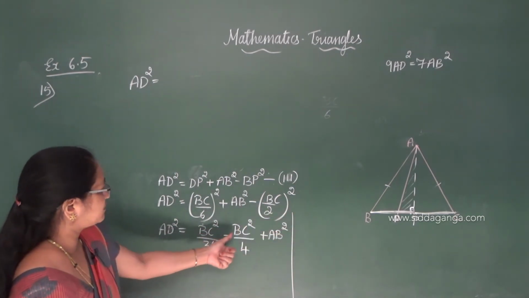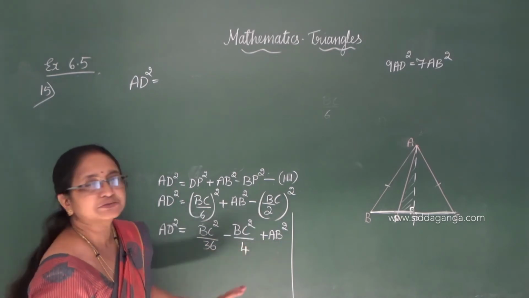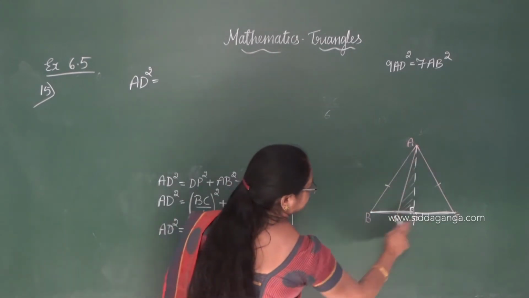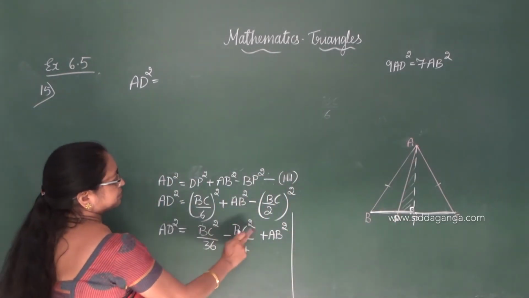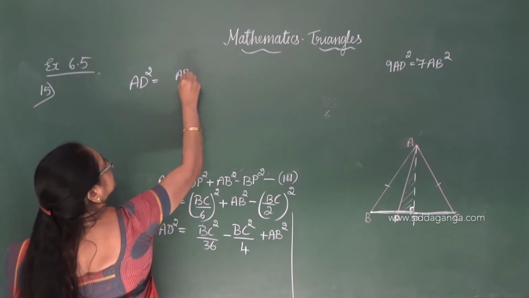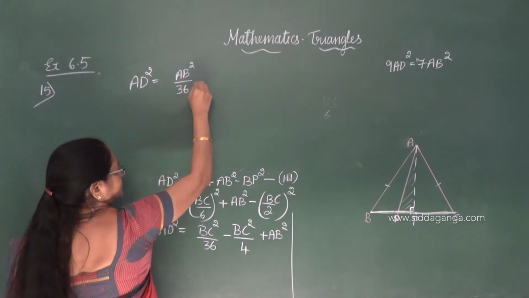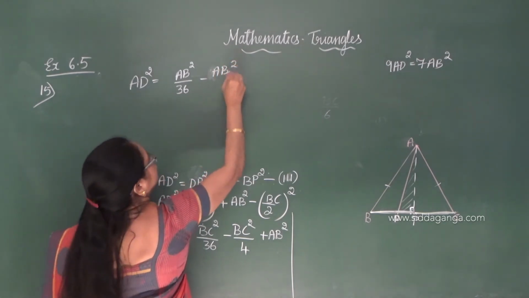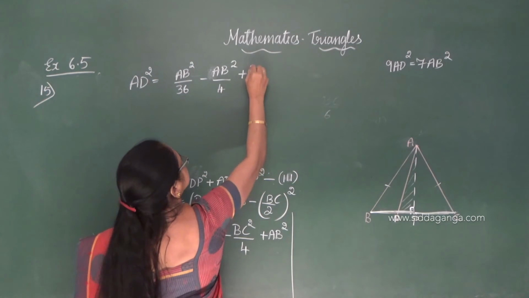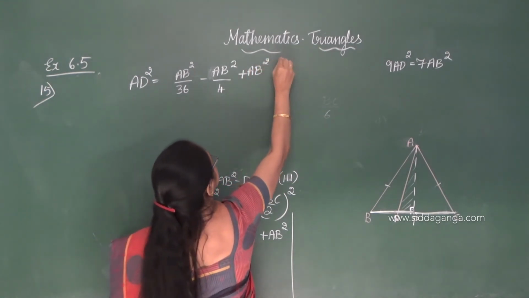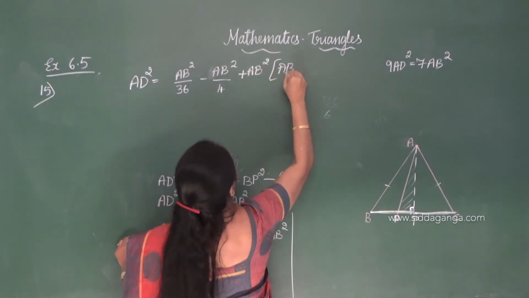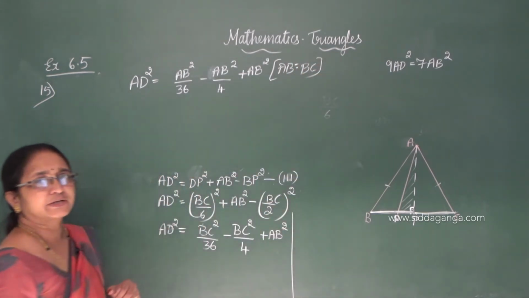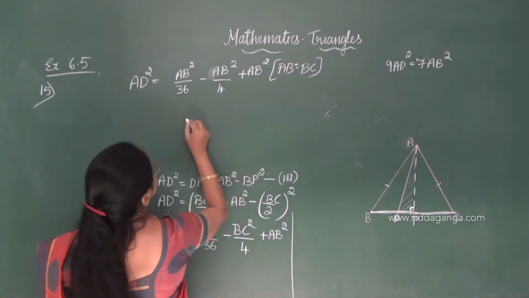See here, BC square minus BC square by 4 plus AB square. Okay. Now, BC square, I told you it is an equilateral triangle. So, instead of BC, can I replace it by AB? So, this will be AB square by 36 minus AB square by 4 plus AB square. Write the reason. AB is equal to BC. Why? Equilateral triangle.